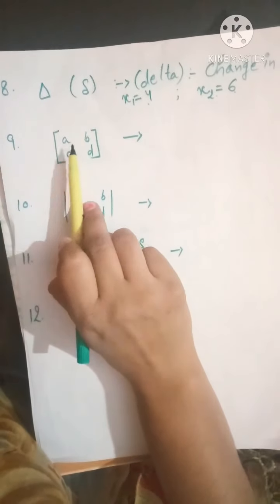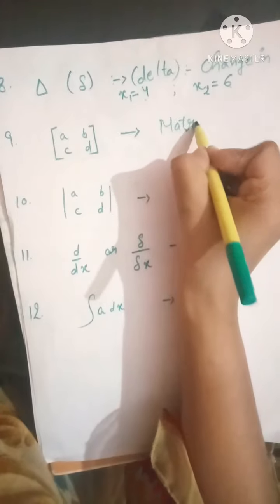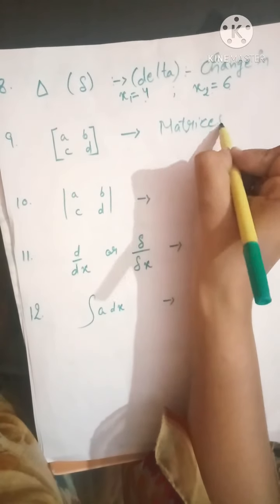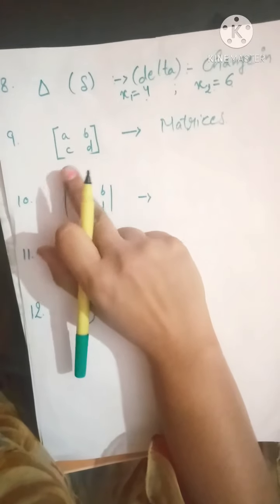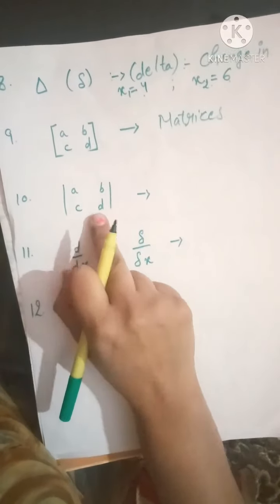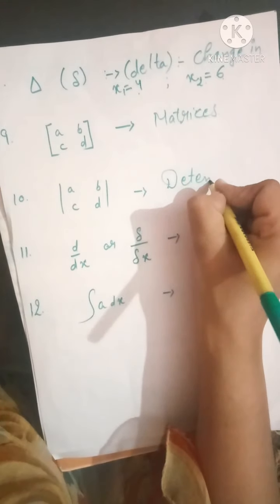Next, this symbol represents matrices. Matrix representation of A, B, C, D, and this symbol is represented as determinant.